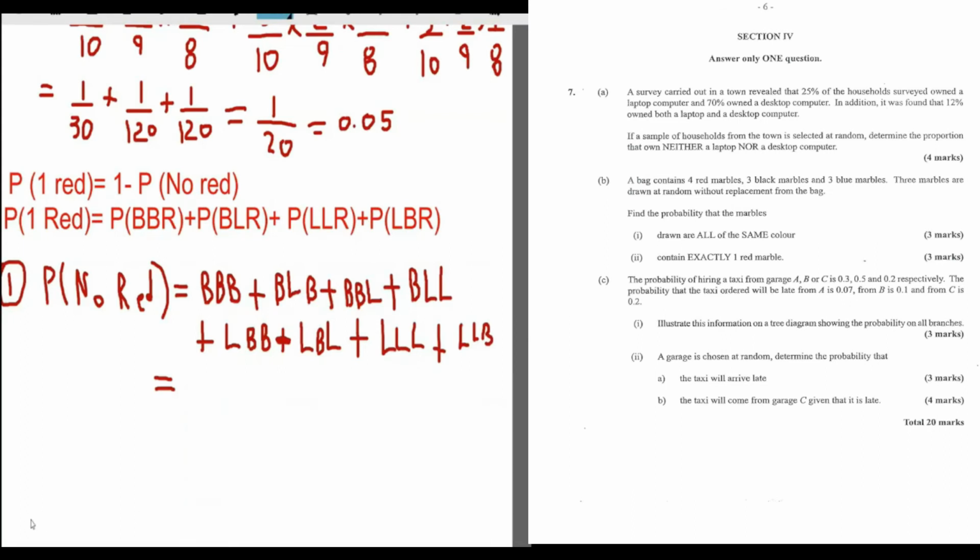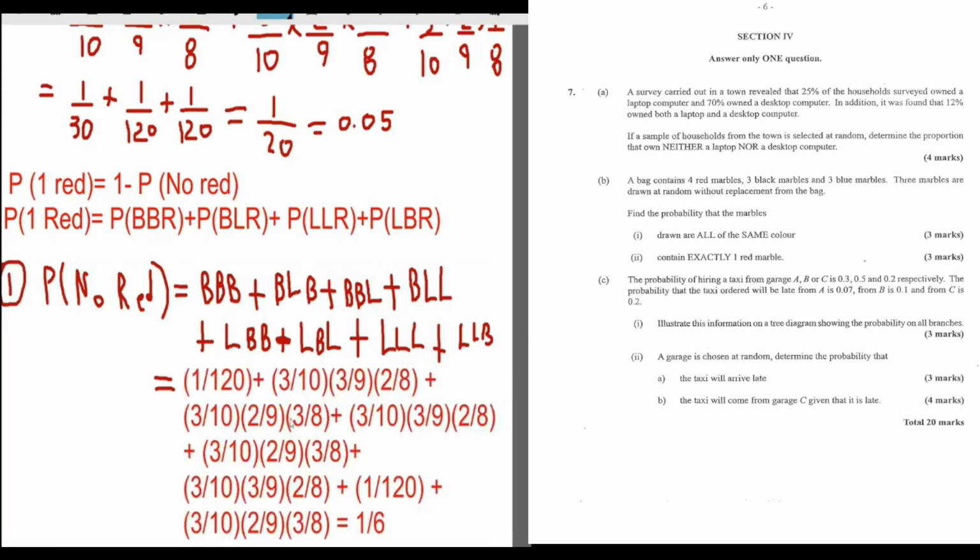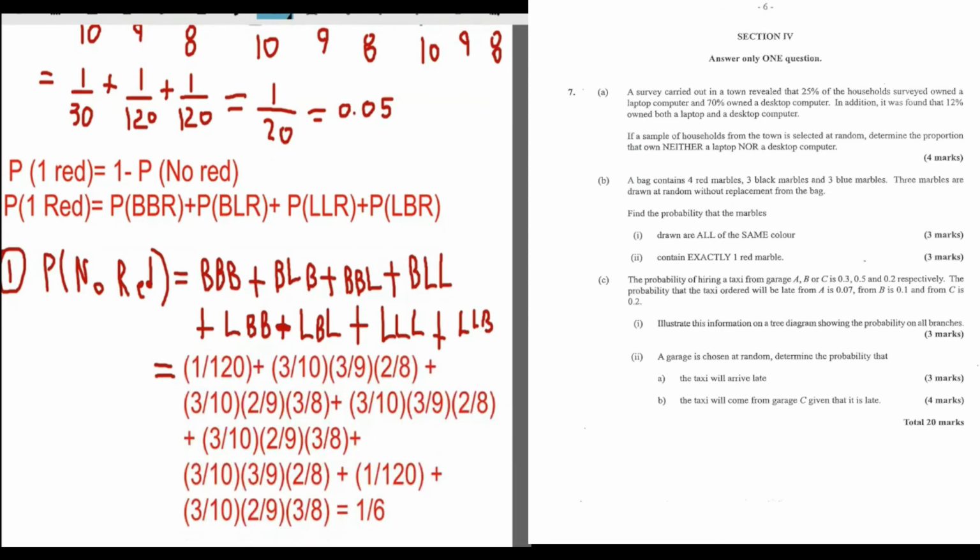So what does that mean? That means we're very likely to get a red. So the probability of one red is equal to 1 minus 1 over 6, and the chance of you getting a red is 5 over 6.